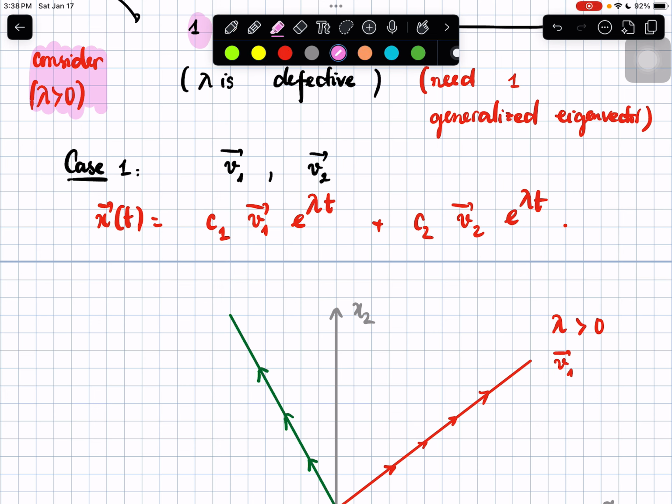So lambda is the same, and it's just a scalar times v1 plus another scalar times v2.